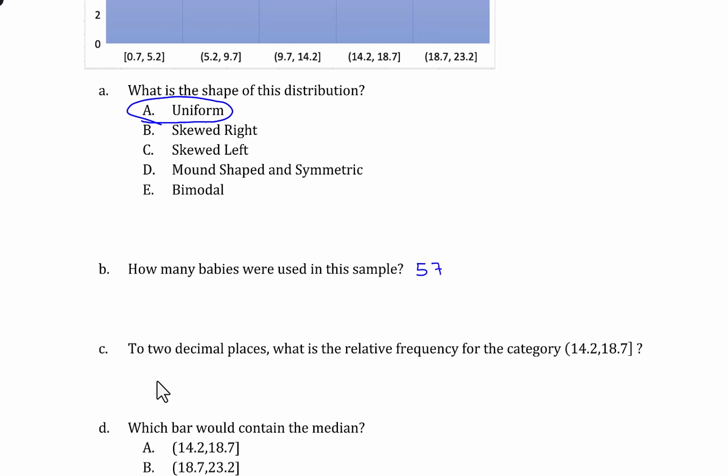To 2 decimal places, what is the relative frequency for the category 14.2 to 18.7? So that's this category right here. Relative frequency, if you will recall, is kind of like the percent of data contained within that particular class range.